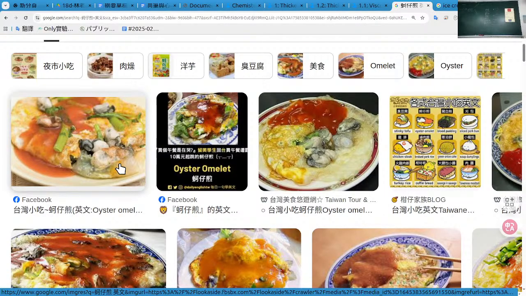Later, I will copy and paste the English and Chinese names to our Line group. I believe if you have a chance, there are vegetarian foods that are similar to this, or you can make it in your dorm and eat it.